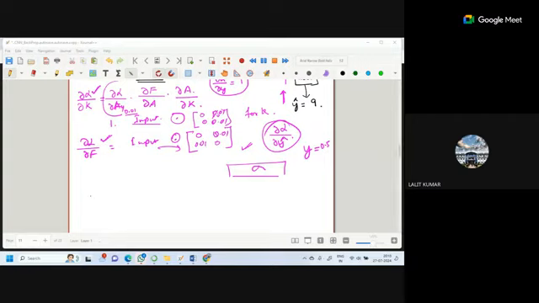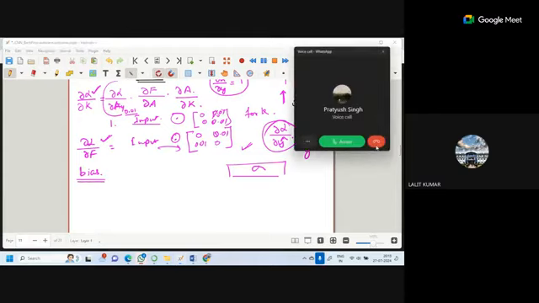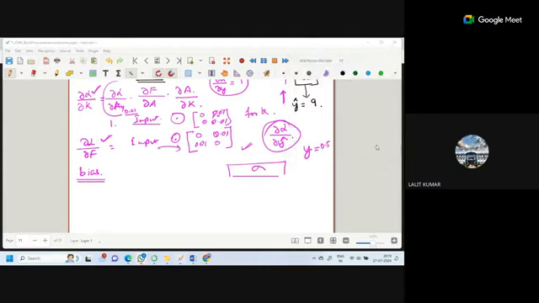Now, coming to the bias updation. See, they have given bias B for both. So in this case, your bias updation will take place for both.